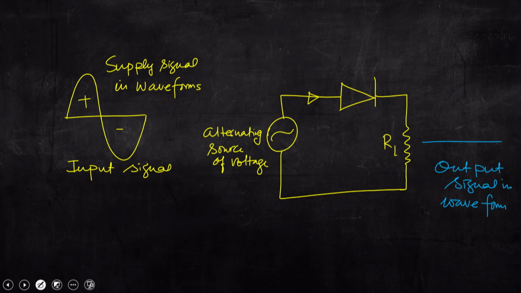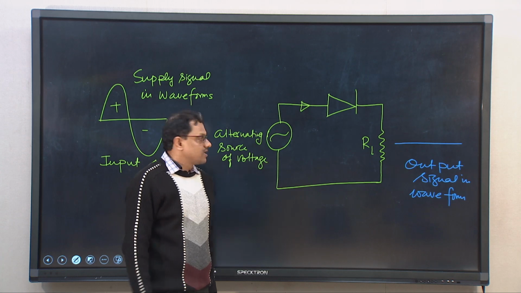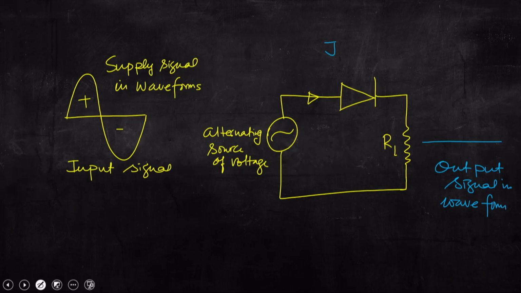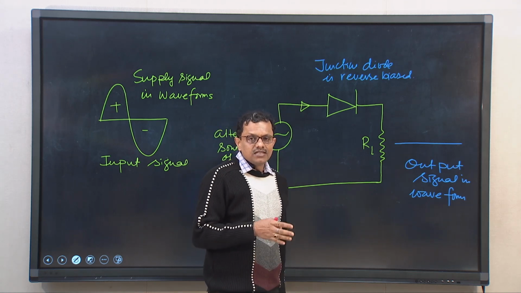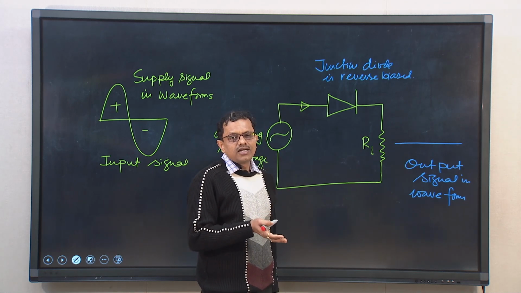Okay. So, this is the junction diode, and this junction diode is reverse biased. What we had seen from our earlier discussion is that for forward bias, if anode is positive and cathode is negative, then it will allow current to flow.